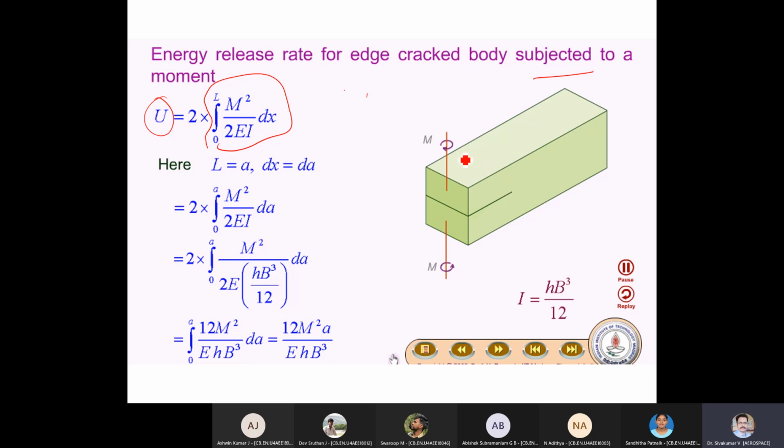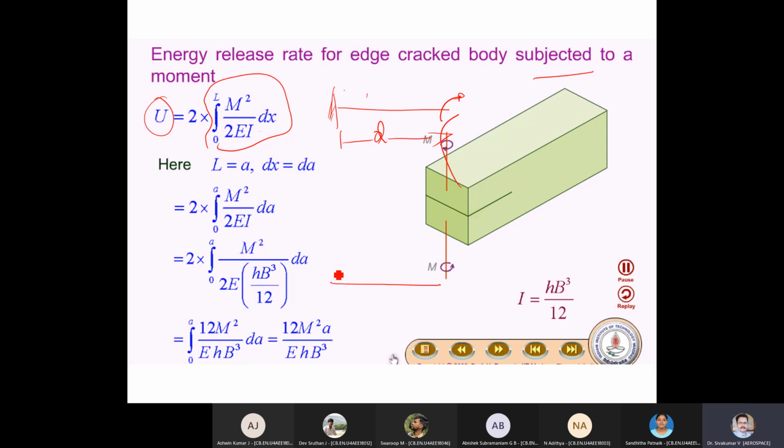Okay, a beam. This is the strain energy for one single beam. When a beam is given a moment, how much energy is stored? It is the integral from 0 to L of M square by 2EI dx, where M is the moment.